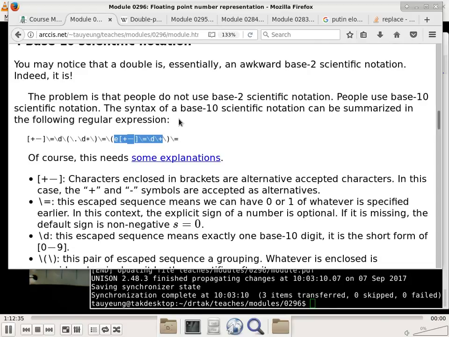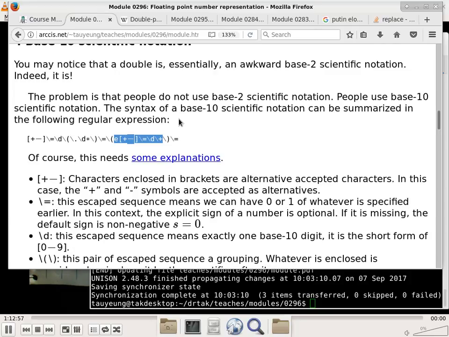That E is literal. The E really literally means it has to be a lowercase e. And then we have the square bracket plus minus, which means pick one of these two. Can be an explicit plus or explicit minus. But the explicit sign itself is also optional because it is followed by \=, right?